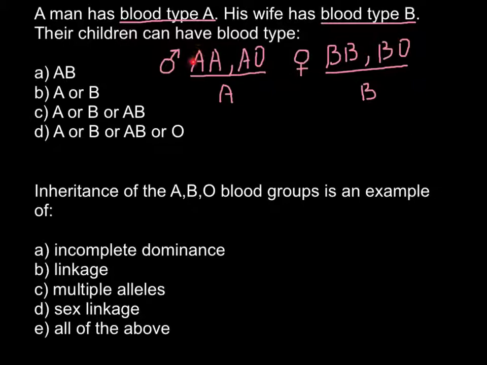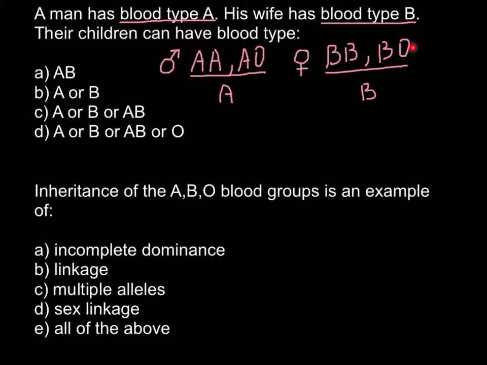We can get capital A, B and capital A, O. So A, B and A, O genotypes. And the most different types of genotypes we can get if we cross capital A, O with capital B, O.